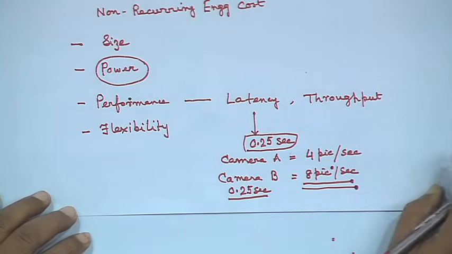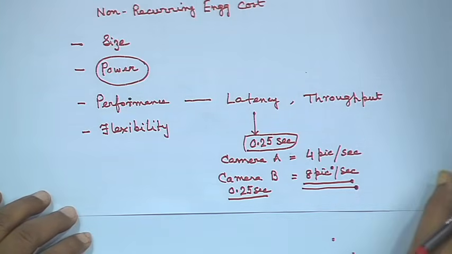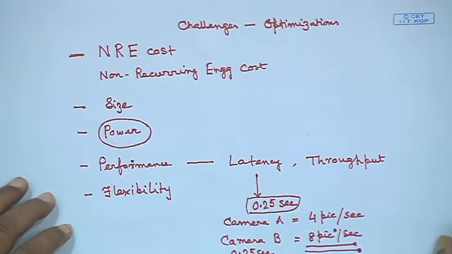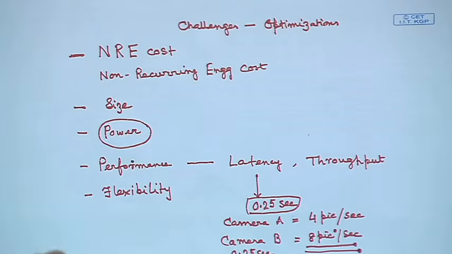So, that is performance. The flexibility is another very important thing, and if I bring a product which has got the flexibility of adapting to, suppose now I bring a phone which can work in 4G as well as 5G.